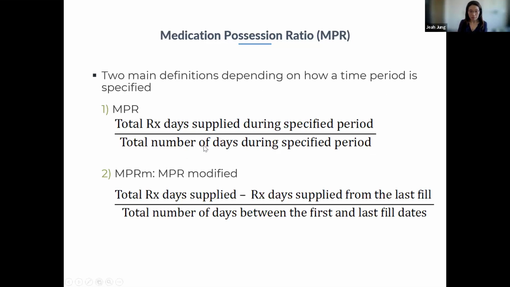That's the denominator. Now, this MPR measure assumes that, once you start filling after the first fill, when you follow this patient up to the end of your evaluation period or follow-up period, or at least the 1 year or 365 days, you assume that they are supposed to take that drug all through your evaluation period, right?